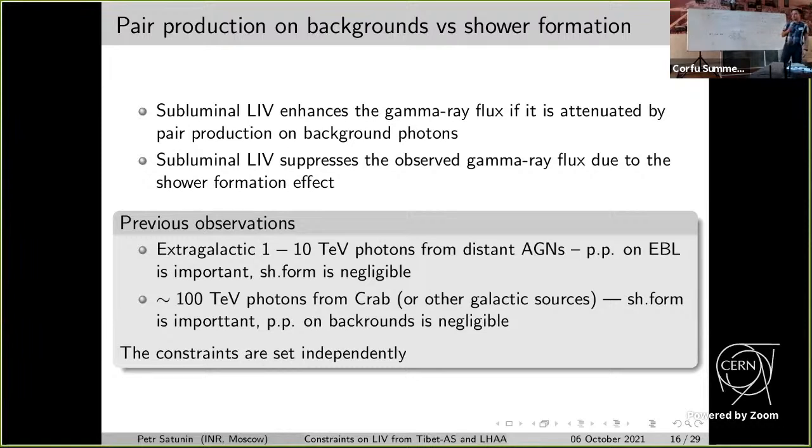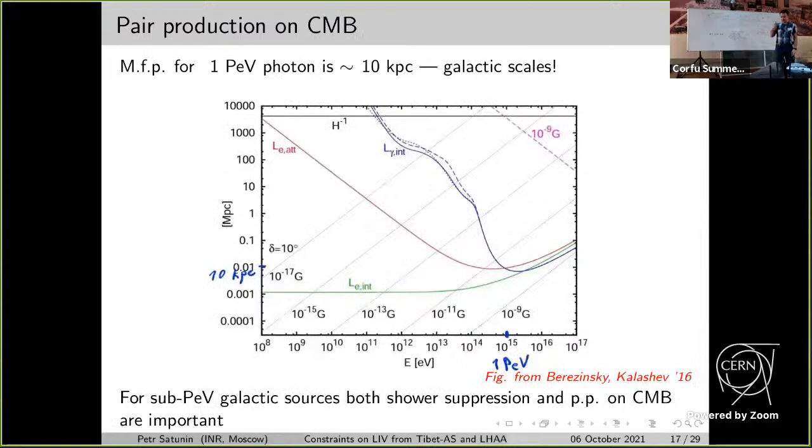But what happens if we come to an energy of 1 PeV for galactic sources? In addition to the infrared extragalactic background light, we have the CMB, the cosmic microwave background. In this plot you can see the dependence of the mean free path for a photon on its energy.